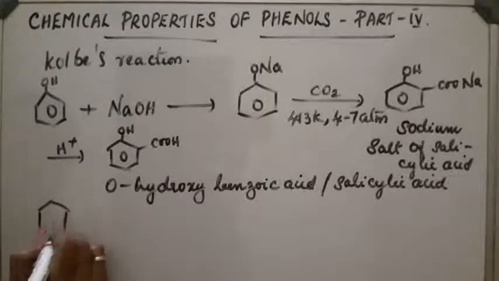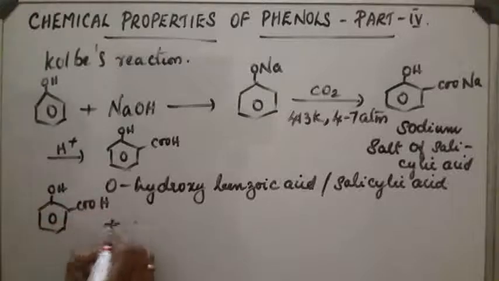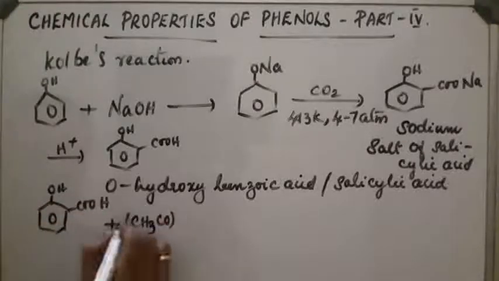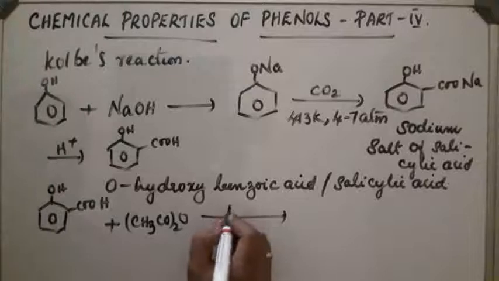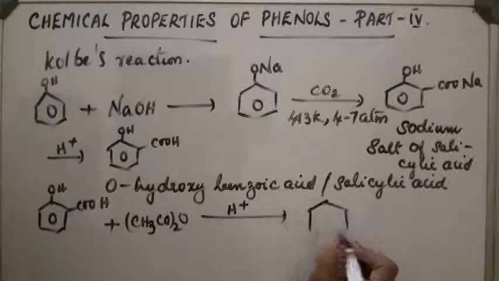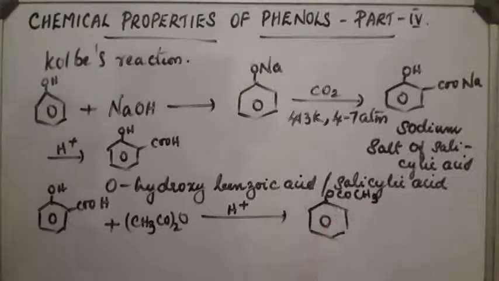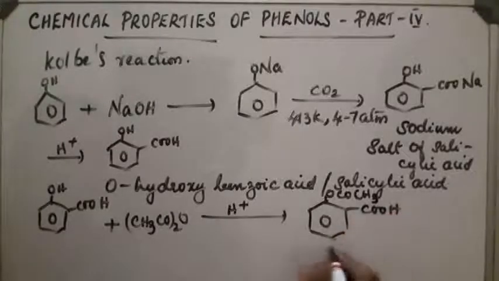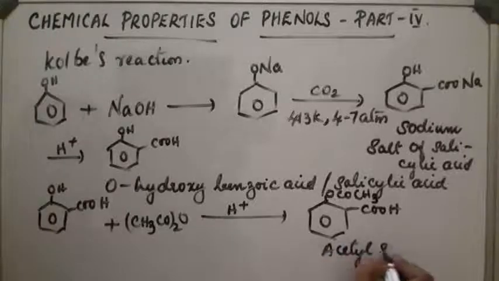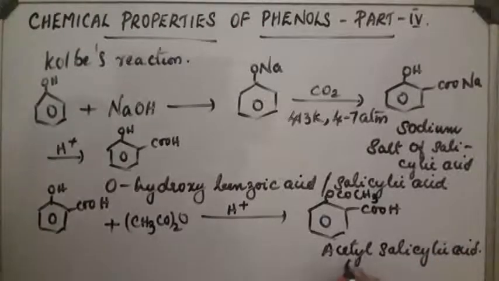Salicylic acid on reaction with acetic anhydride (CH3CO)2O, followed by acidification, gets converted into OCOCH3. Orthoacetoxy or acetyl salicylic acid will be obtained. This is also called aspirin.